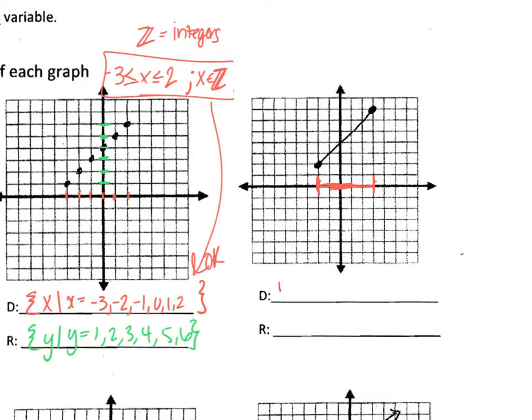So I have my domain, x such that this is -2, and we want to write it as a between statement. -2 less than or equal to x less than or equal to 3. Because it's continuous, I can just write the interval.